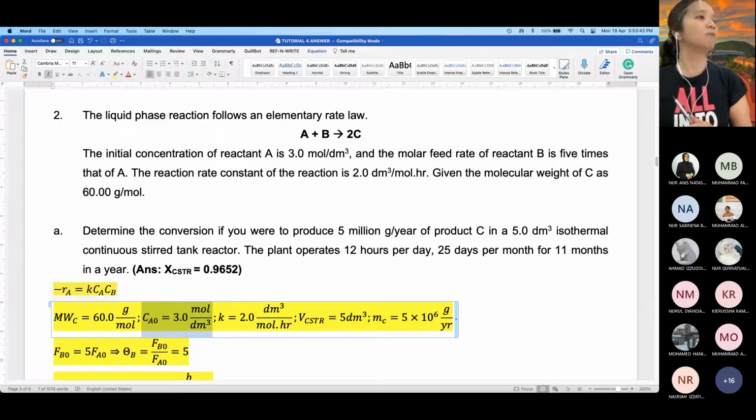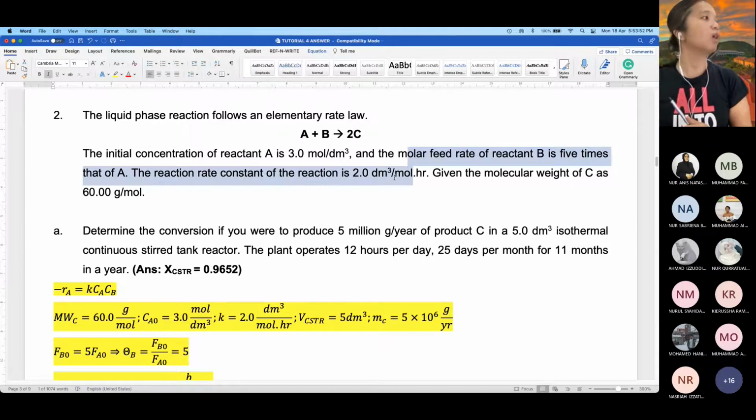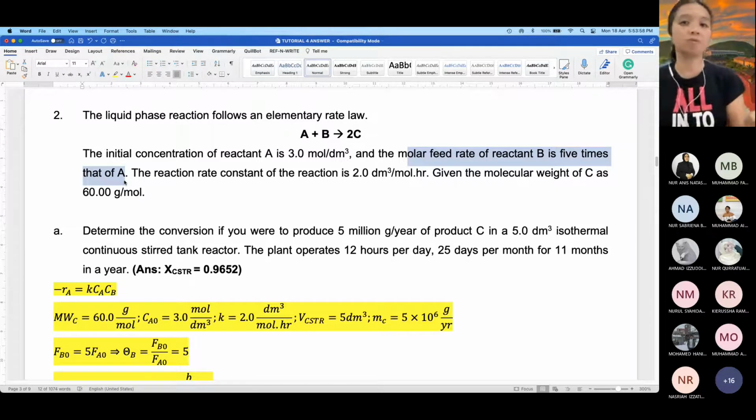Right, next information. And the molar feed rate of reactant B is 5 times of that of A. So again, I repeat, this is quite a new statement yang mungkin kamu tak pernah dengar ataupun we don't really encounter before. Molar feed rate, molar flow rate lah, maksudnya initial molar flow rate lah. Dia kata initial molar flow rate reactant B, so FB0.